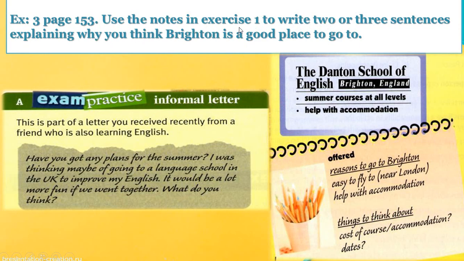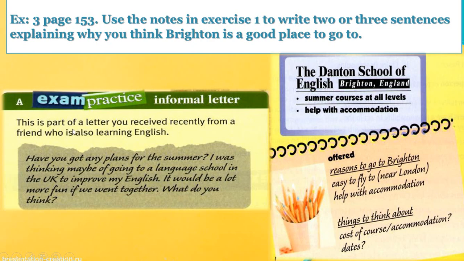Use the notes in exercise 1 to write 2 or 3 sentences explaining why you think Brighton is a good place to go to. Here we have 2 advertisements. Look at these advertisements and write why Brighton is a good place.